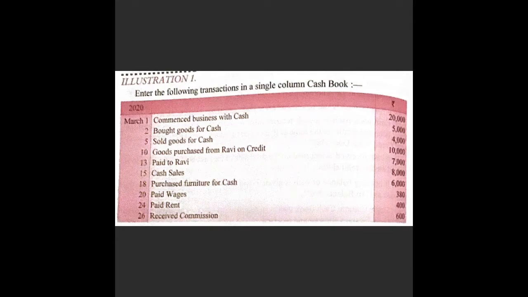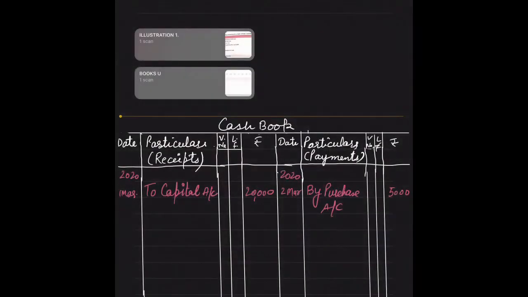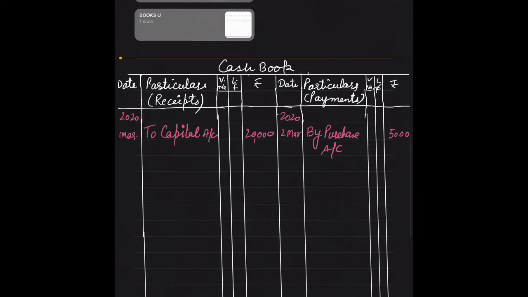The next is March 5, sold goods for cash 4,000. When we sell goods, cash is coming into the business, so it will be written on the receipt side, to sales account.